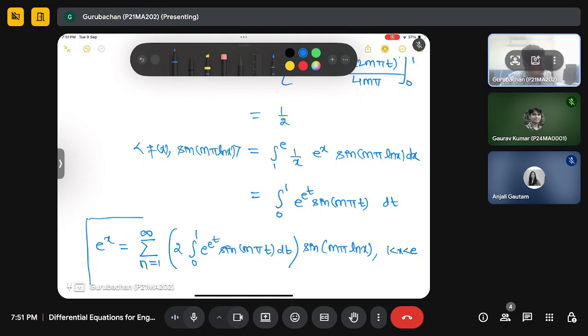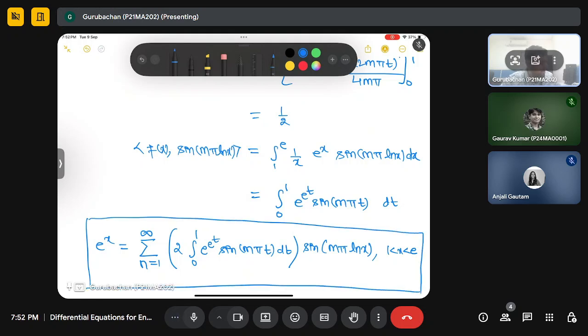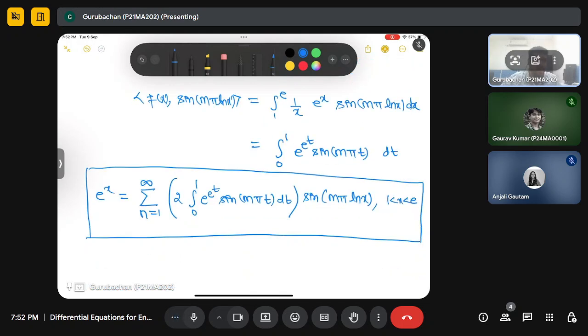So this is your expression, where we have expressed this function in the series of eigenfunctions of problem number 3.